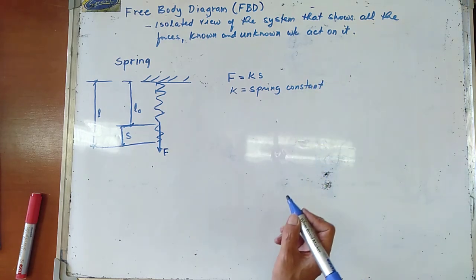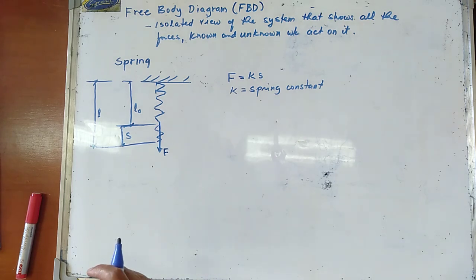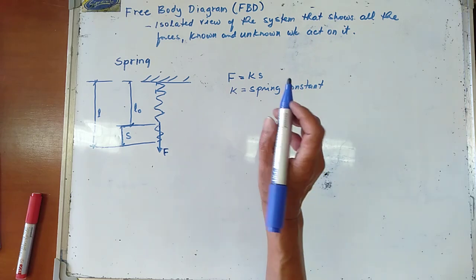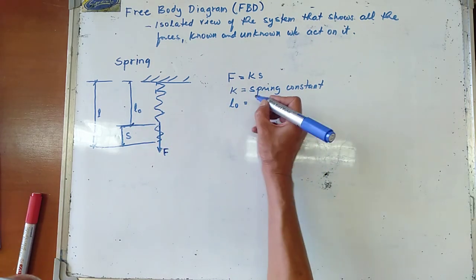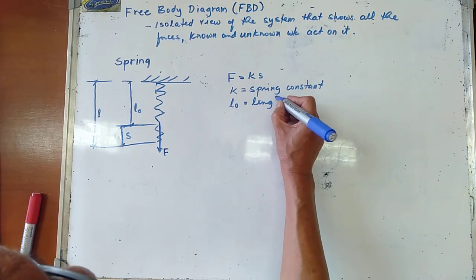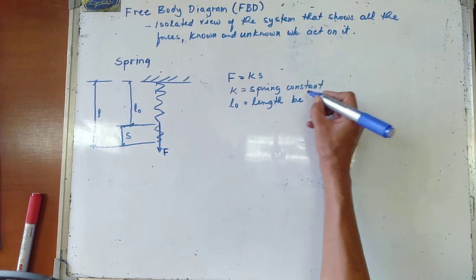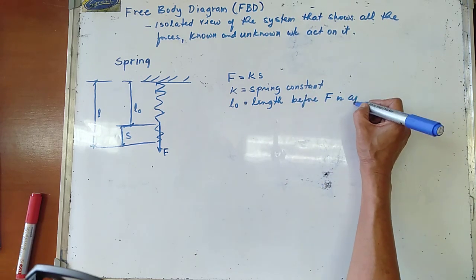This spring constant is a characteristic that defines the elasticity of a spring. And then we have your LO, the length of the spring before F is applied.